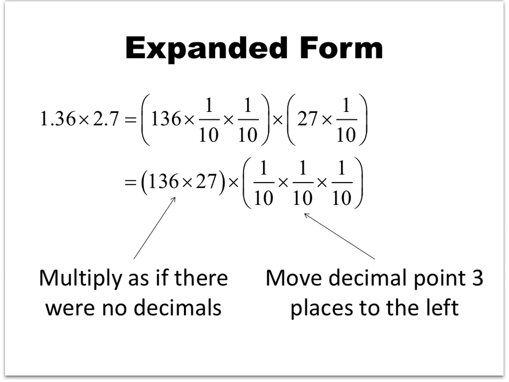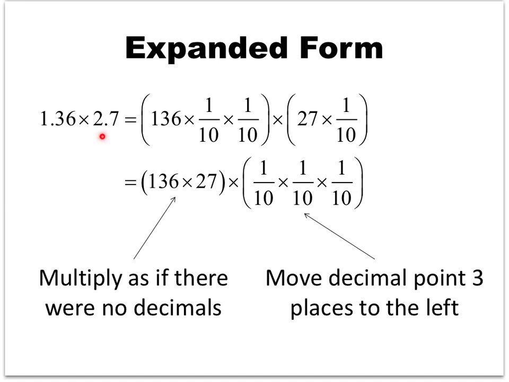Well, we just saw that whenever we multiply by 1/10, we're going to move the decimal point one place to the left. So multiplying by 1/10 3 times says to move the decimal point 3 places to the left. So this right here is what we do in step 1 of the algorithm, the common algorithm. This right here is what we do in step 2.